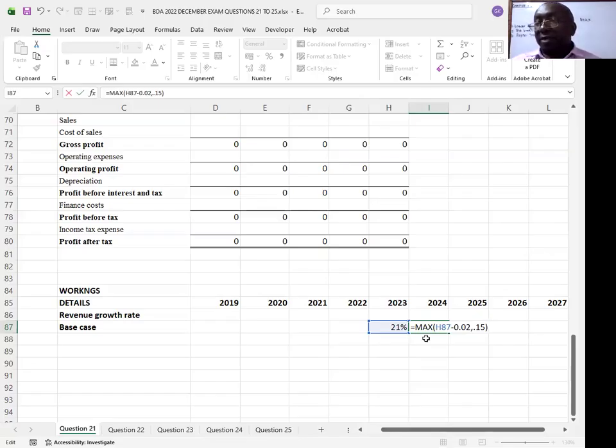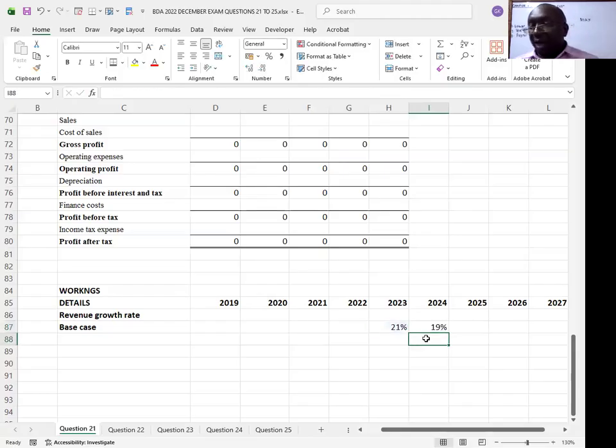Yes, I can see 2 answers. Good. So 19. Now autofill this. When you autofill, you can see it has stopped at 15.